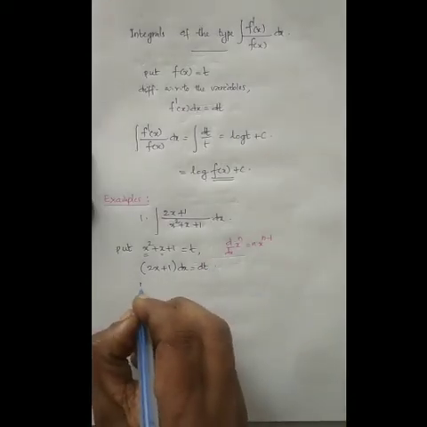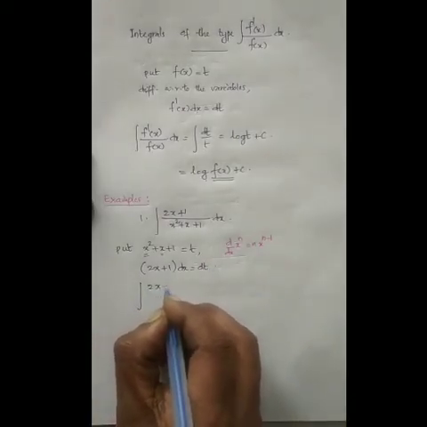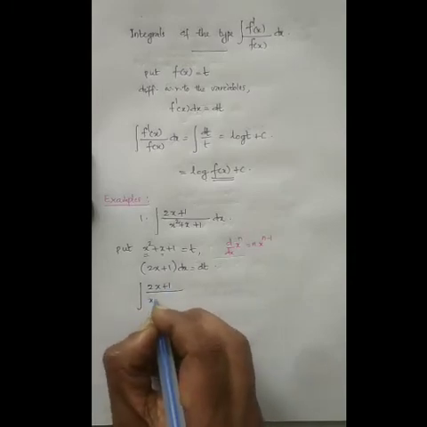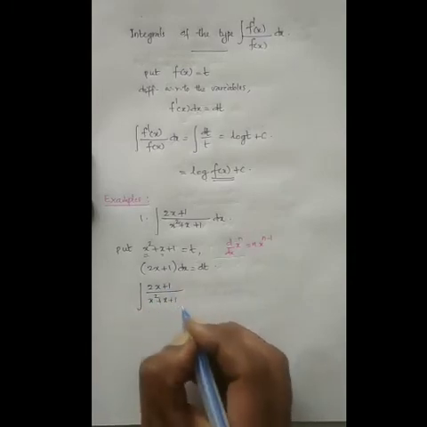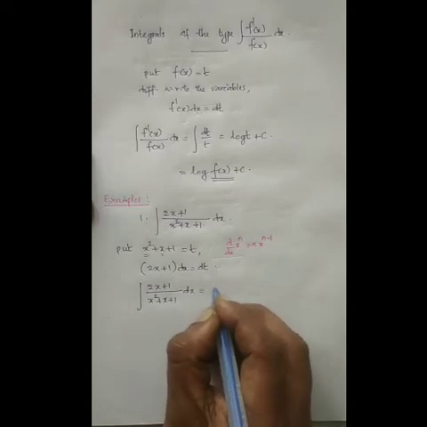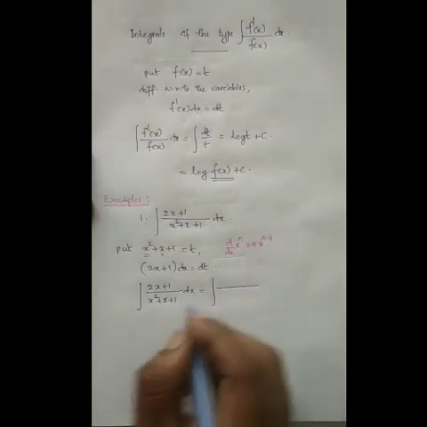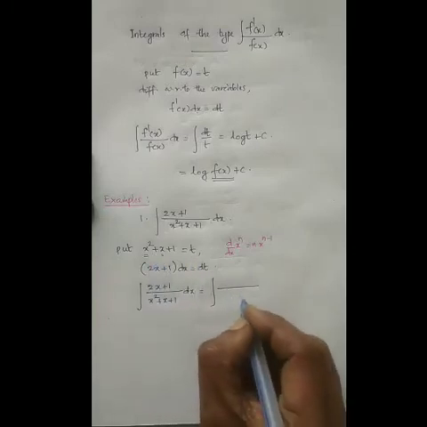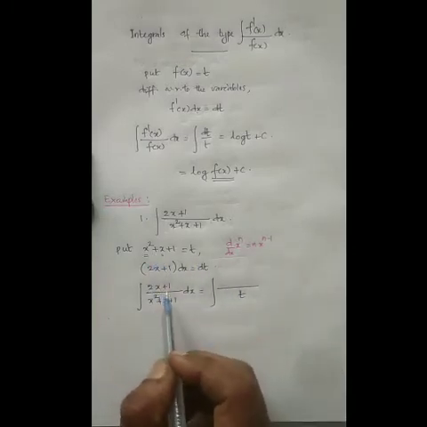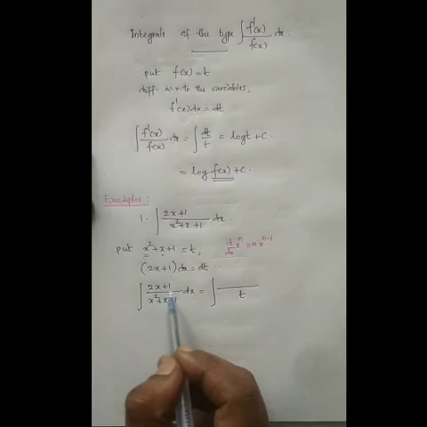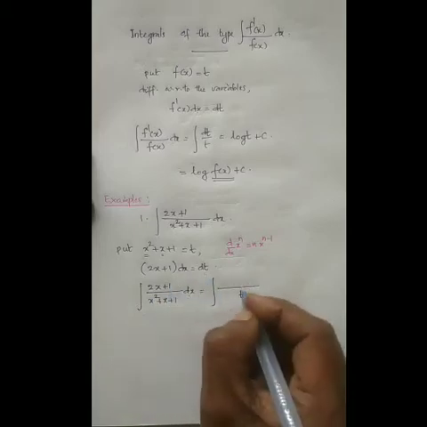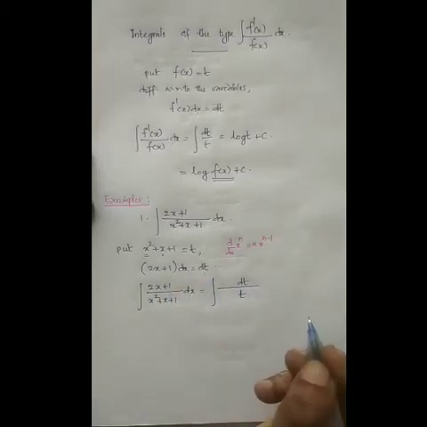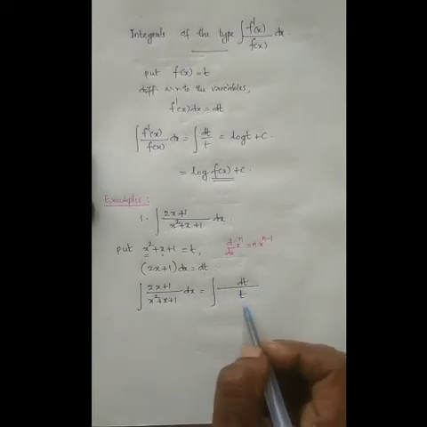Therefore, the integrand becomes integral of 2x plus 1 divided by x square plus x plus 1 into dx. The denominator x square plus x plus 1 can be written as t, and the numerator, that is 2x plus 1 into dx, is equal to dt. Therefore, the integrand is dt by t.